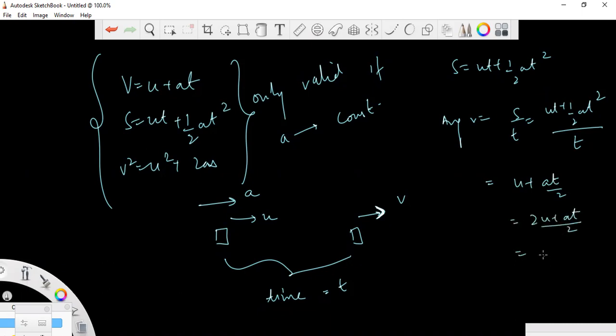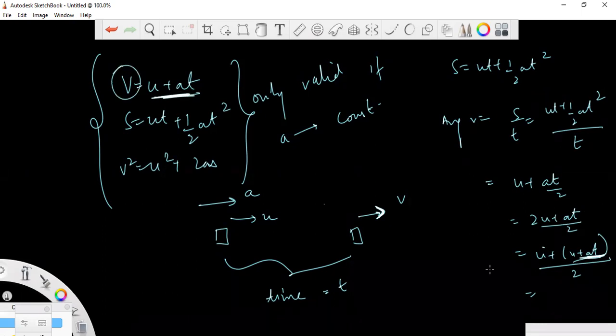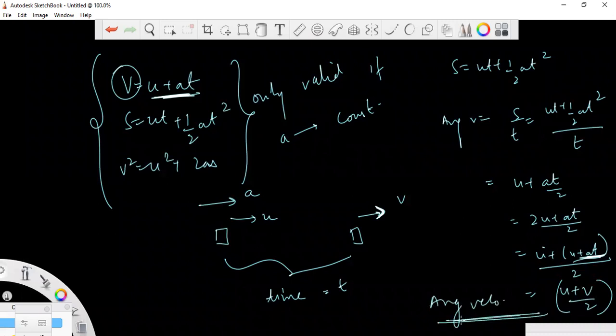And this you can write as u plus at, because 2u is u plus u, divided by 2. What is this? U, and u plus at is what? V. So average velocity, you can only say that average velocity is u plus v by 2 if the acceleration is constant. It is only valid if acceleration is constant.